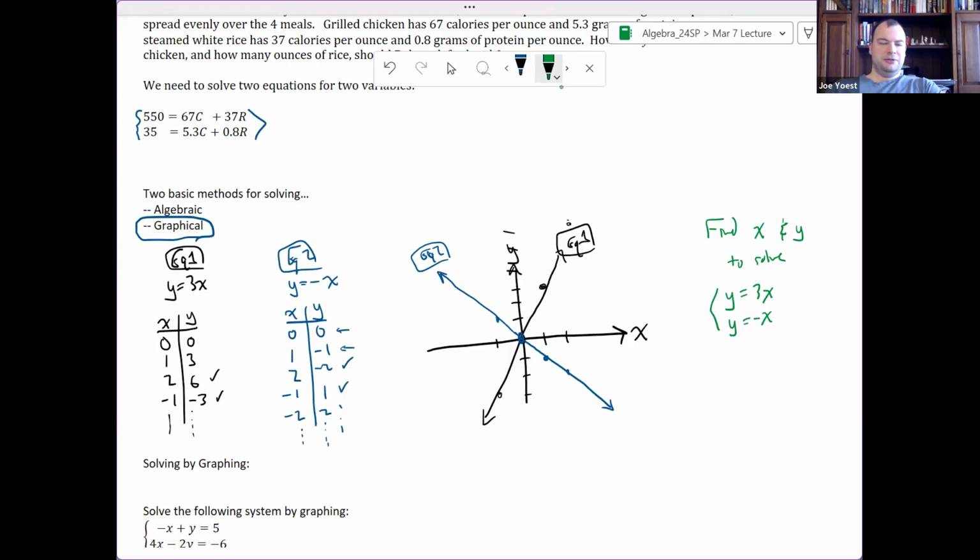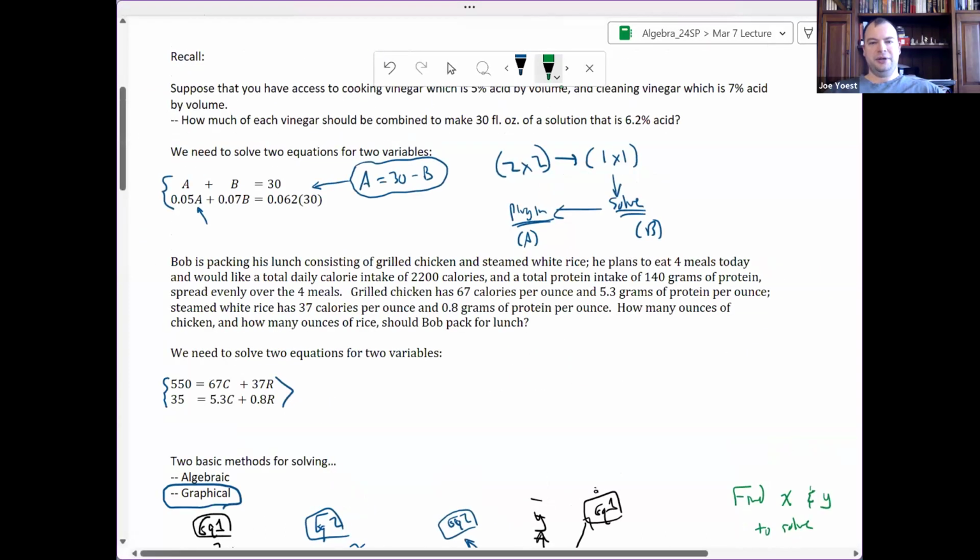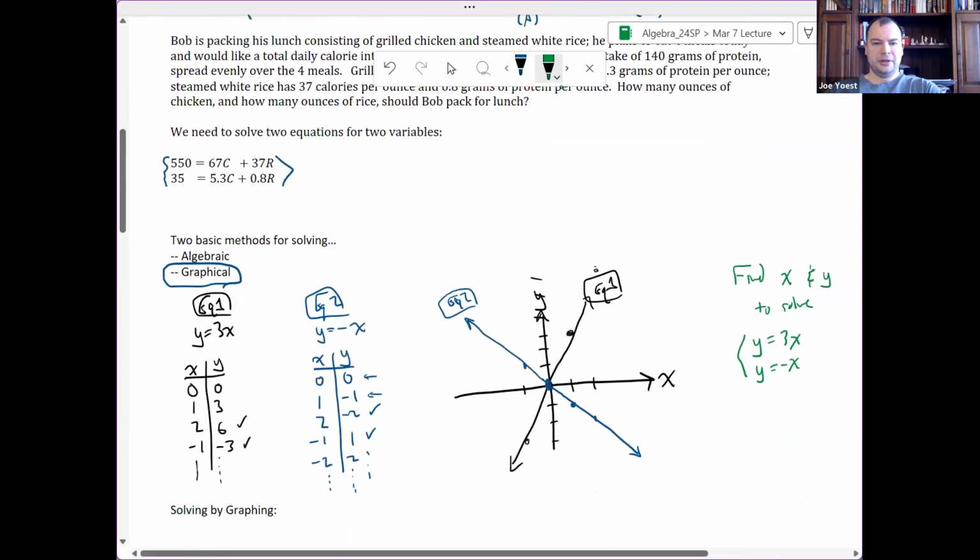This is a very similar question to find a and b to solve both of these two linear equations at the same time, or find c and r, the amount of chicken and rice, to solve these two equations simultaneously.